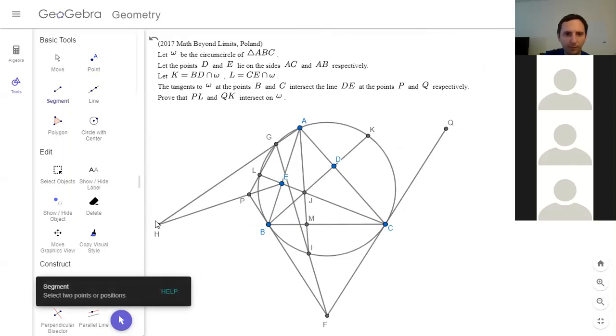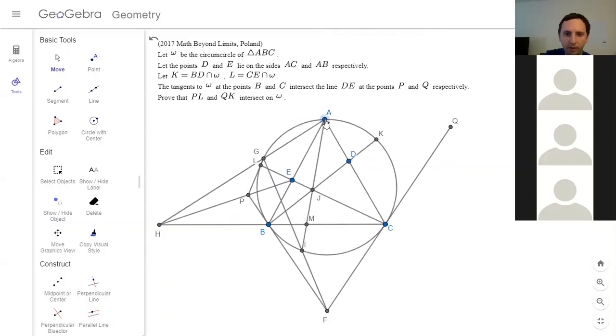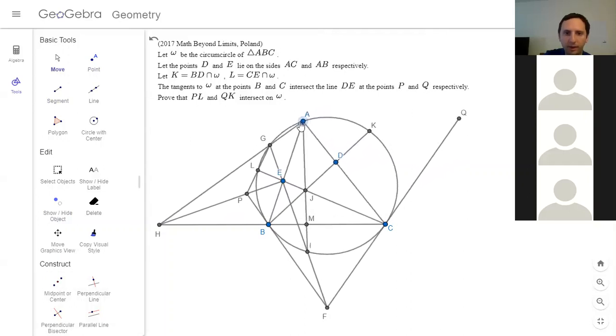Can you move A, to see if the collinearity is correct? It seems true. Yeah, it is true.